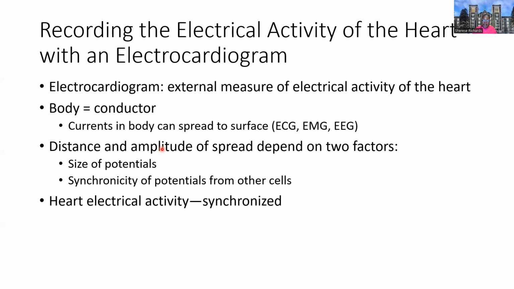Are these events being synchronized with the appropriate chambers? And that is what we would detect on the test. And so this is going to make sure that the heart electrical activity is synchronized, the atria contract fully, then the ventricles. And if we don't have that, we can have many different types of defect. We can have a bundle block. We can have several defects that would throw that synchronized rhythm.